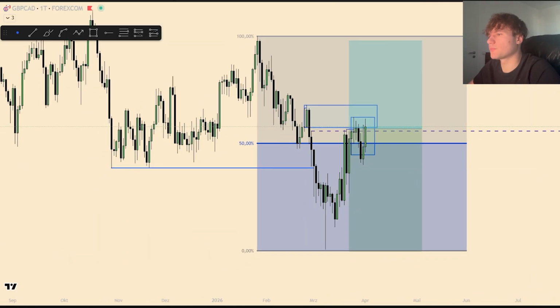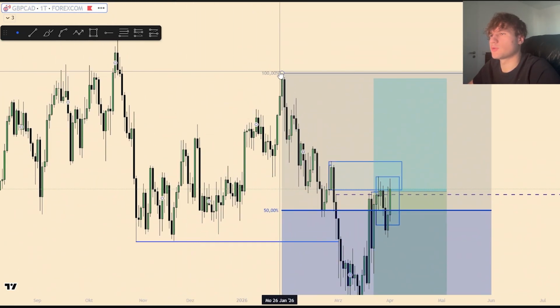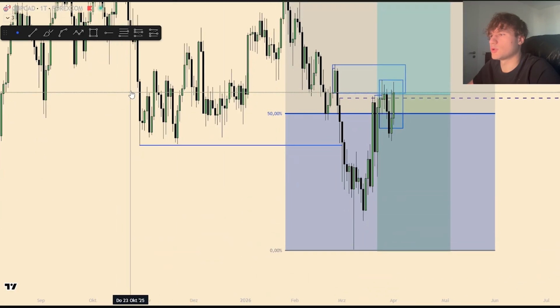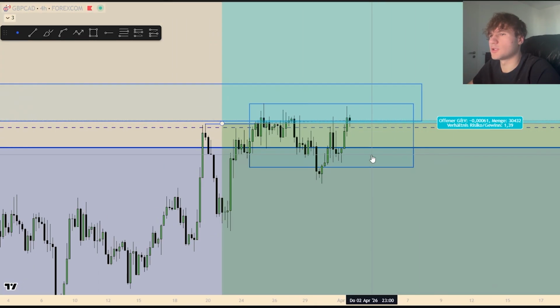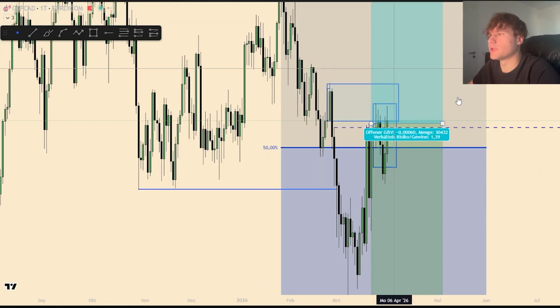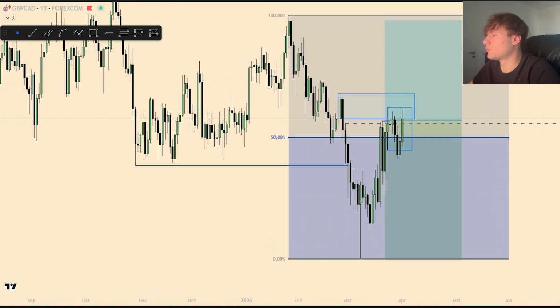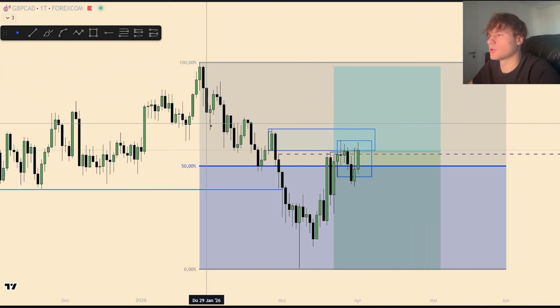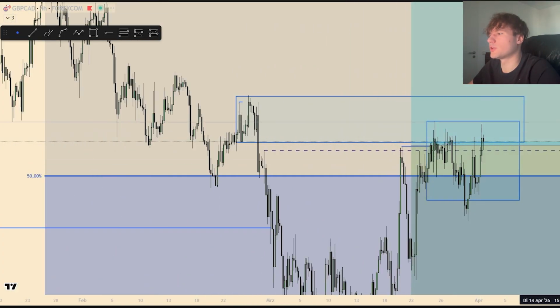And GBP CAD, you see I'm in a trade of it myself. I'm trading the higher time frame from swing high to swing low to be cautious, because as you see, this thing is a little bit messy sometimes, but fundamentally it looks very good for me, because the CAD will get stronger if oil prices stay high like this, and the GBP is weak right now and getting even weaker every time.